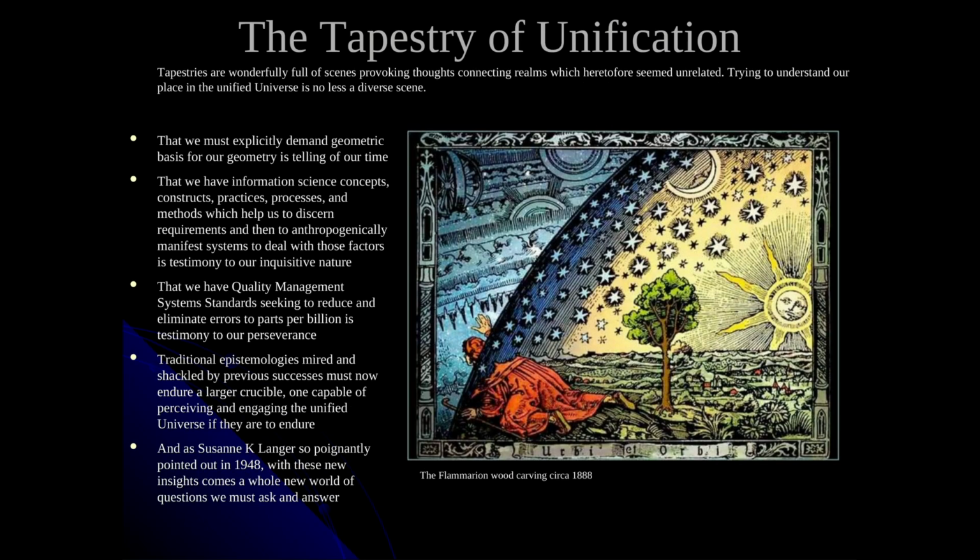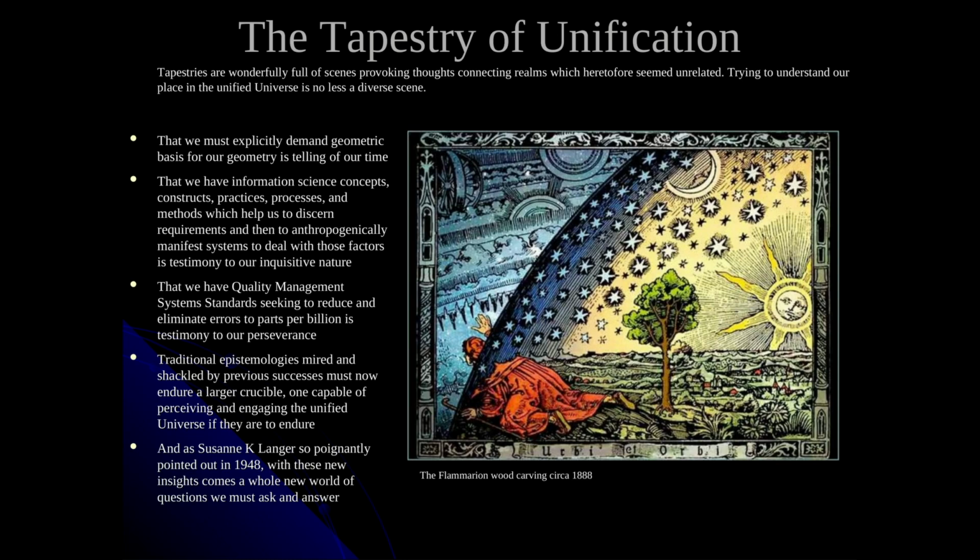The tapestry of unification is by definition inclusive of everything, and it's not this area or that area. It requires us to use the best we can. We have to employ QMS system standards, quality management system standards, to the degree that we can to reduce and eliminate errors.